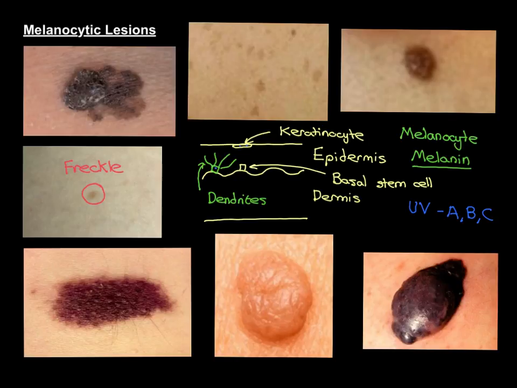So freckles become darker with sun exposure, they arise in childhood, regress in adulthood, they're very common in people with lighter skin, and they quite simply represent areas of skin where the melanocytes are overactive.